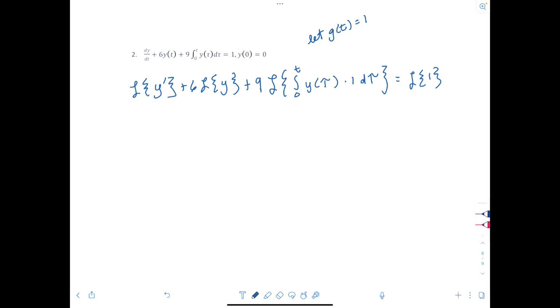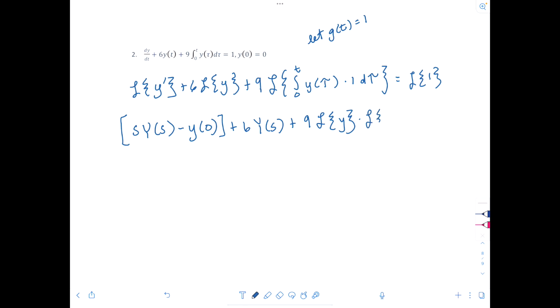So here we go. This is going to end up being sY(s) minus y(0) plus 6 times Y(s) plus 9 times L{y} times L{1}, is equal to 1 over s.